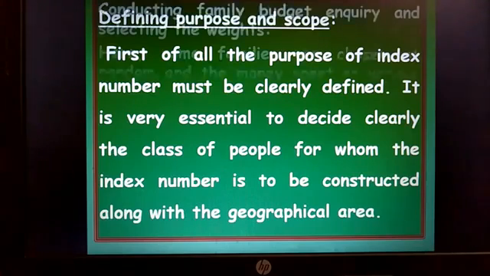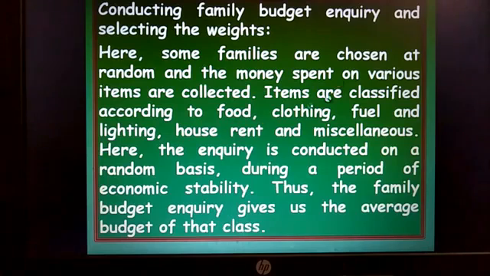Next step, conducting family budget inquiry and selecting the weights. Once after getting the main idea on which people you are considering the data to be collected and the consumer price index number to be constructed and the geographical area.